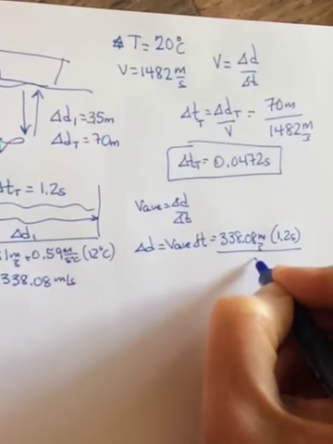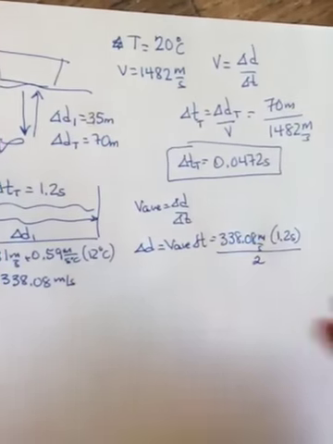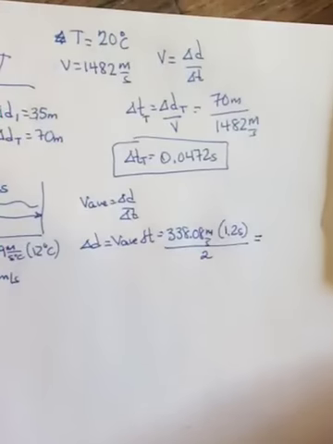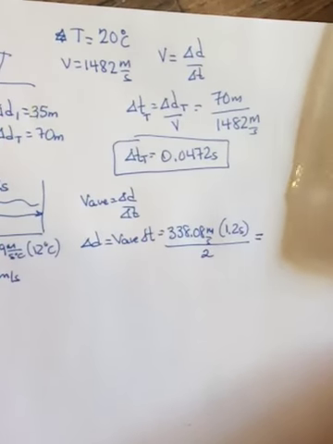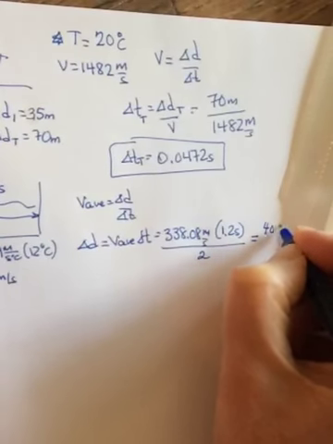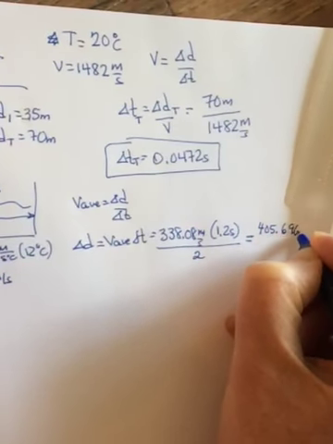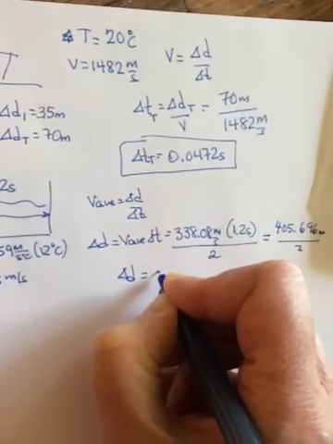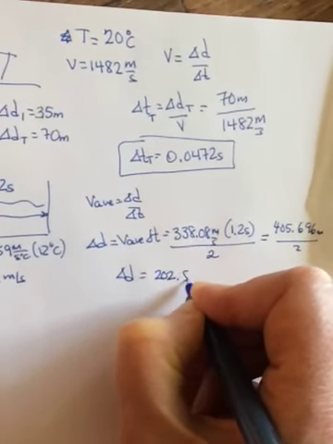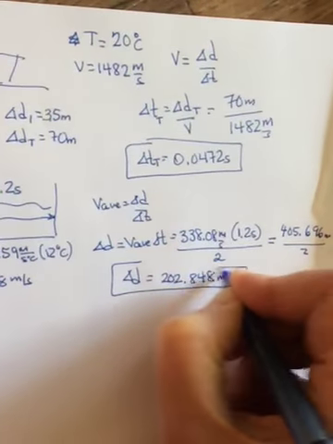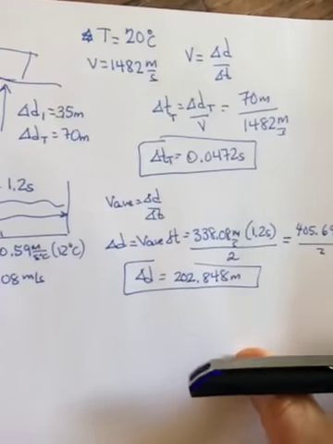So you can either divide by 2 and only fill in 0.6, or you can divide the whole thing by 2 once you've filled in the 1.2. And when you do this, before you divide by 2, you get 405.696 meters. Divided by 2, you get a delta D of 202.848 meters. That is the length of the gymnasium.